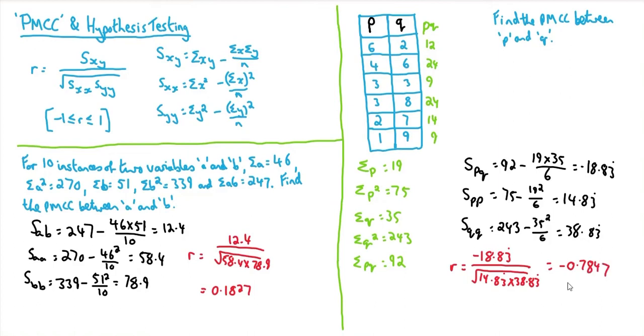What can we then say about this correlation? Well, it's a strong negative correlation. Negative obviously because there's a minus sign, and it's strong because it's closer to -1 than it is to 0.